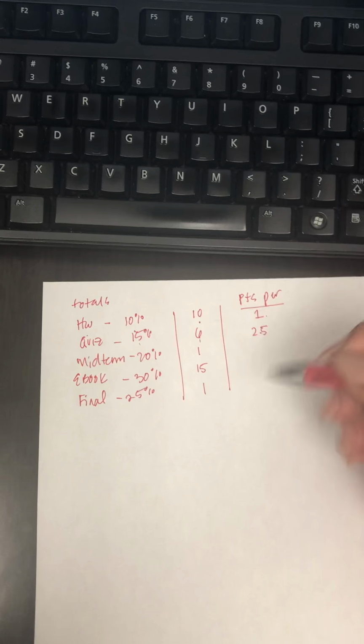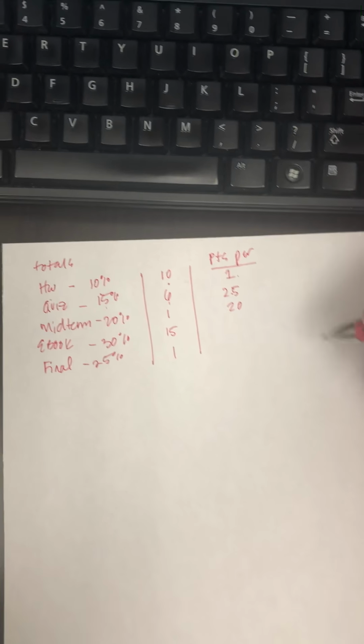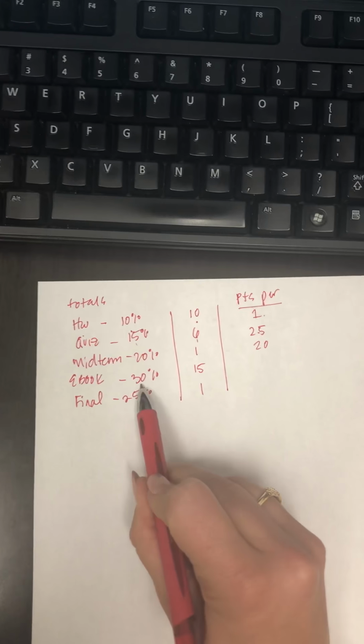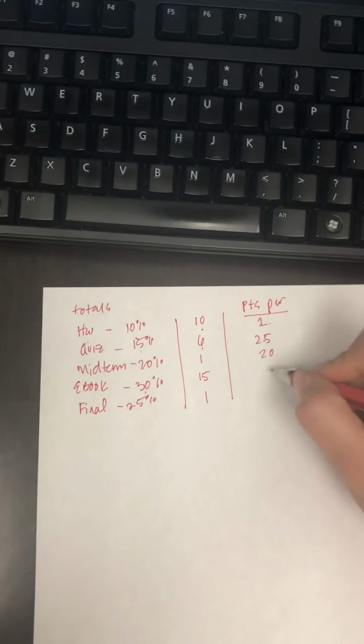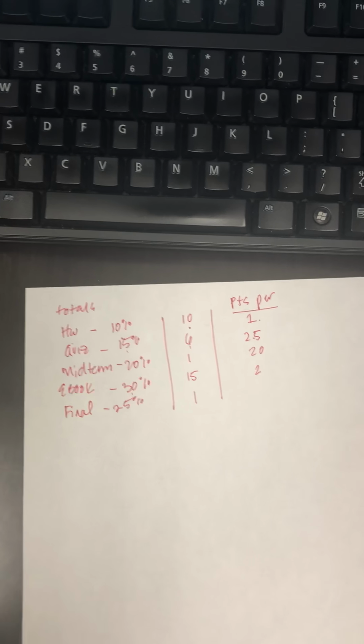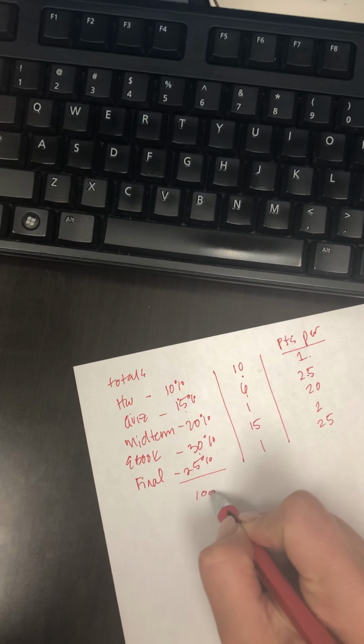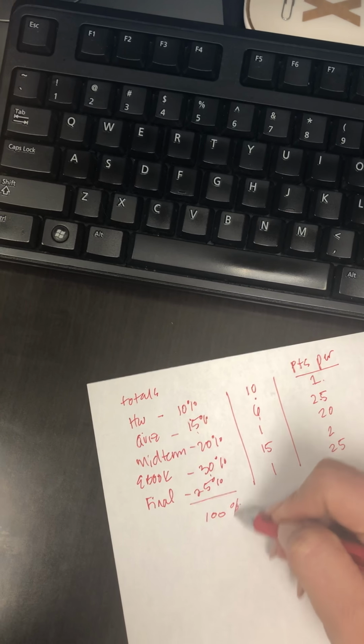You've got 1 midterm and it's 20%, so obviously that'd be 20 points. You've got 15 ebooks and they're 30%, so that means they're going to be 2 points apiece, or 2% each. And then you've got 1 final, which is 25%. Okay, so this is just figuring out what your grade is composed of.